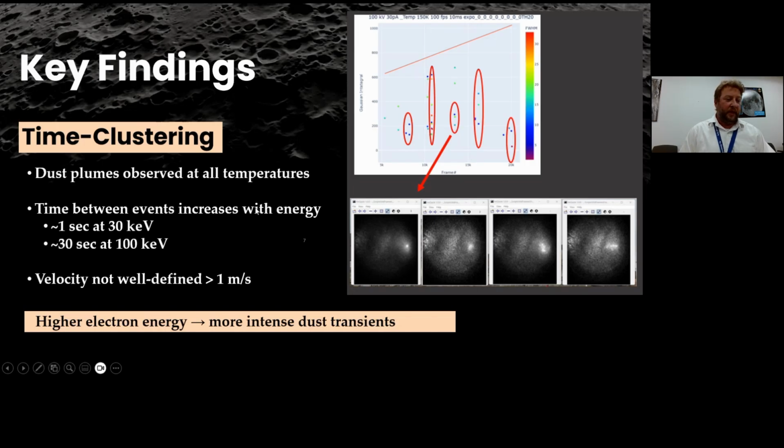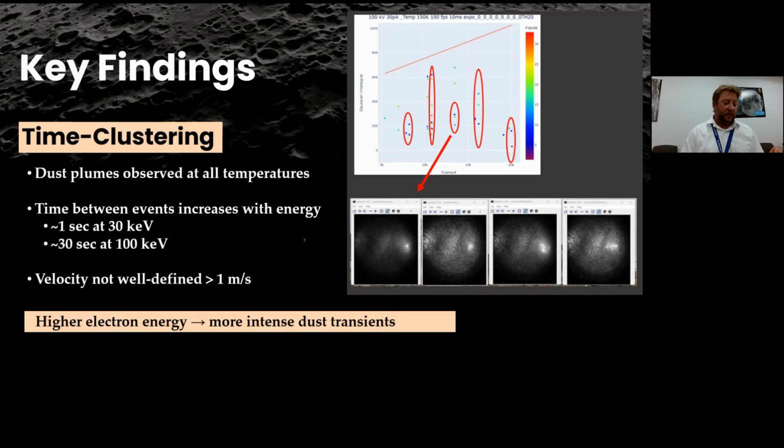At 50K it was somewhere between 5 to 10 seconds between plumes, and then at 100K, where you're looking at relativistic electrons penetrating multiple grains, you see the charging build up and then give you these plumes about every 30 seconds.